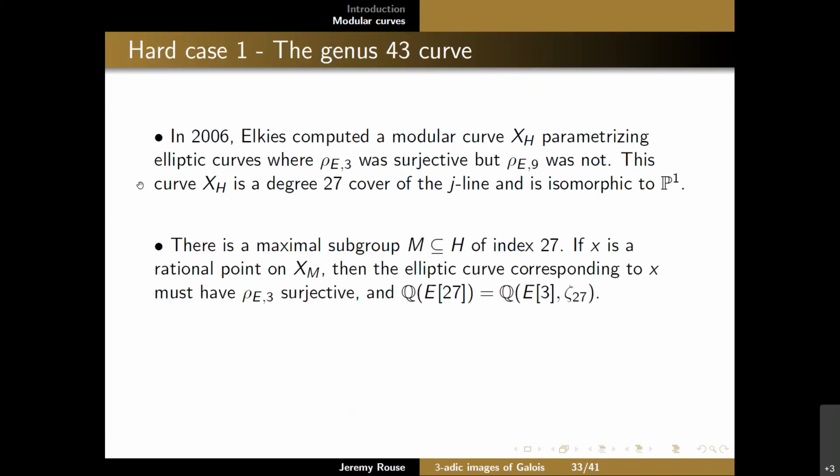When we compute our list of subgroups, there's a maximal subgroup M of this subgroup H of index 27. So the modular curve X sub M will be a degree 729 cover of the j-line.